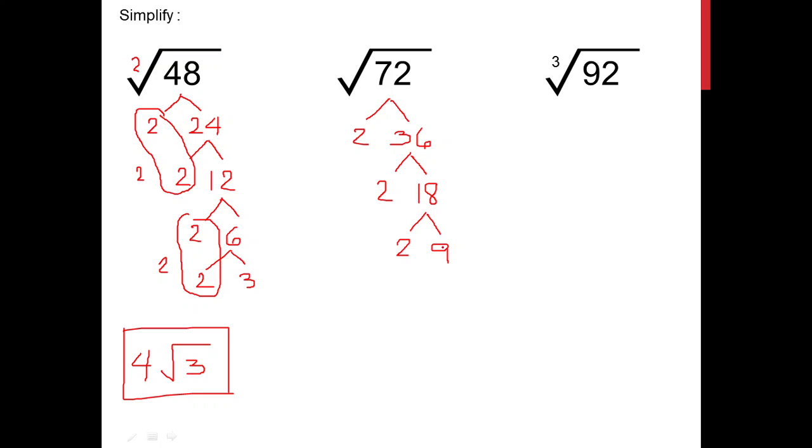Now 9 cannot be divided by 2, but it can be divided by 3. 9 divided by 3 gives us 3.